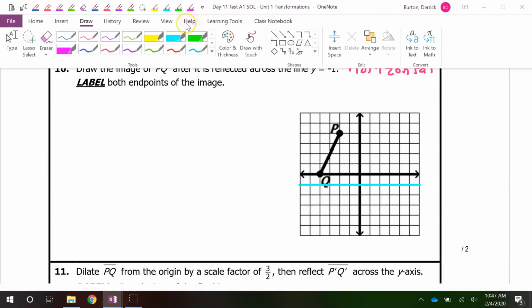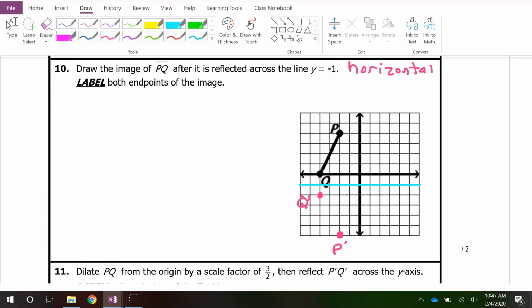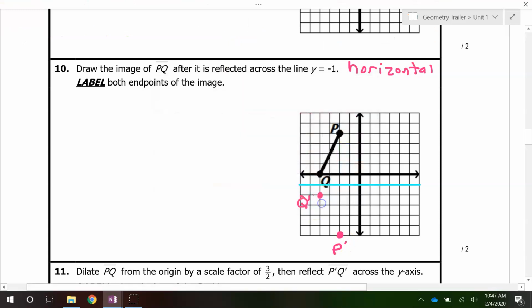Let's just do this visually. See how Q is 1 above the line, so Q prime will be 1 below the line. So this is my Q prime. Now P is 5 above the line, so P prime will be 5 below the line. So that's it for number 10.